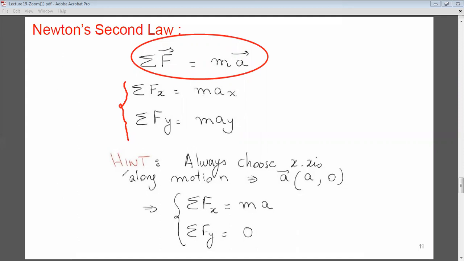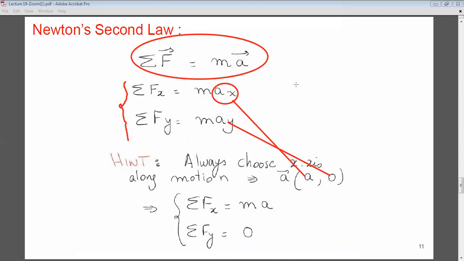Now hint, always choose the x-axis along the motion. If you choose the x-axis along the motion, AX becomes A, and AY becomes 0 because the motion is along the x-axis.